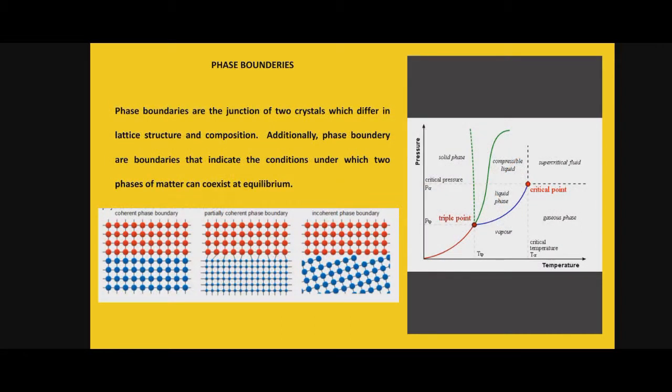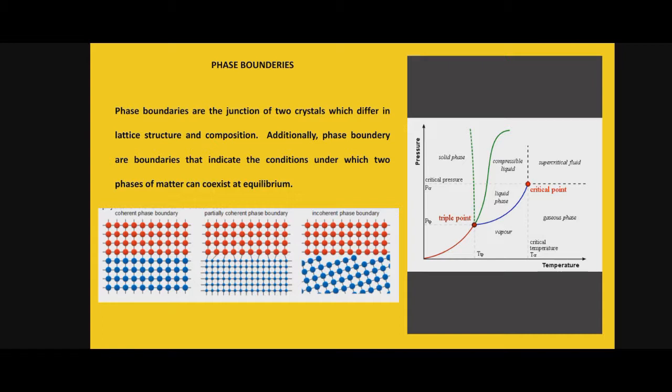Next, phase boundaries. Phase boundaries are the junction of two crystals which differ in lattice structure and composition. Additionally, phase boundaries indicate the conditions under which two phases of matter can coexist at equilibrium.